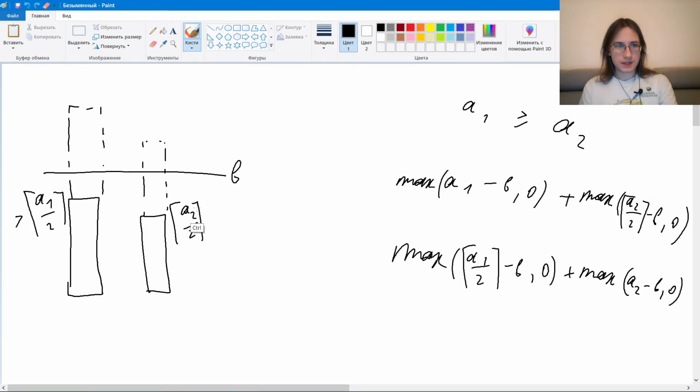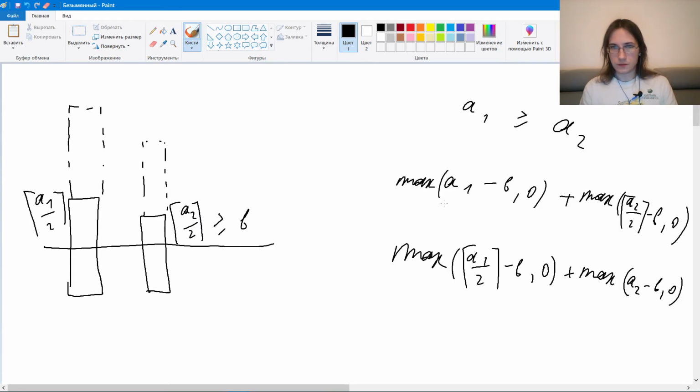The second case is when b is less or equal to a2 over 2 rounded up. So line b goes somewhere here. The first sum can be shown as this plus that, and the second sum is this plus that.